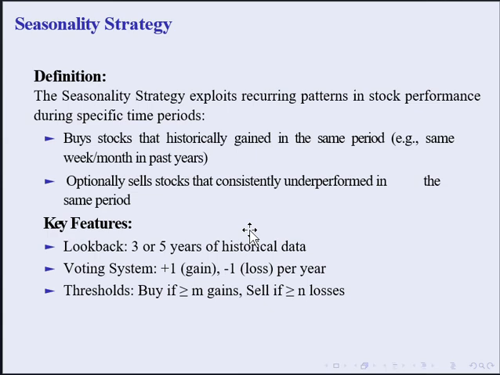If a stock performs well in a month or a week in at least 3 years of the last 5 years, then we buy it, otherwise we sell it. For 3 years we use 2 as the threshold.